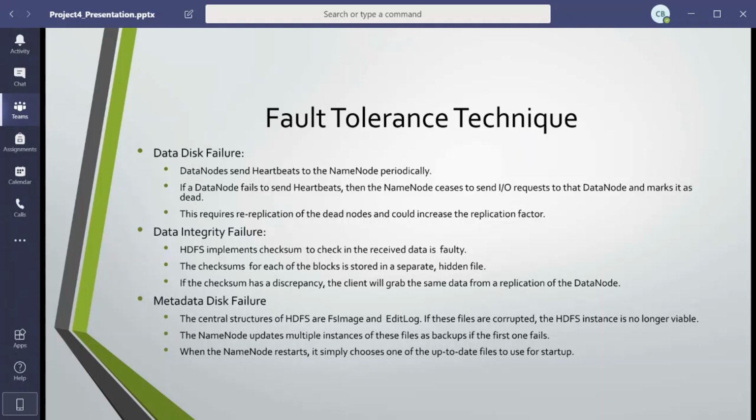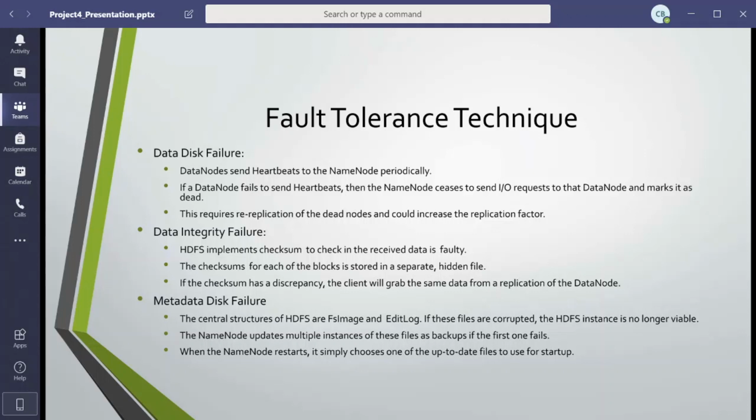Now, touching on a data integrity failure. A data integrity failure is when some specific data bits are flawed. It doesn't have to be the entire disk, it can just be little pieces within the disk, just small data failures. So HDFS implements a checksum to check if the data is received correctly.